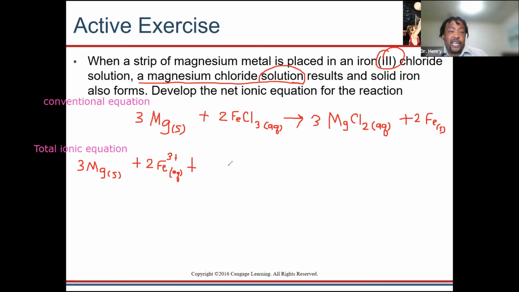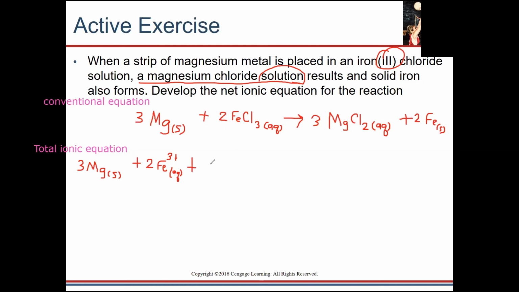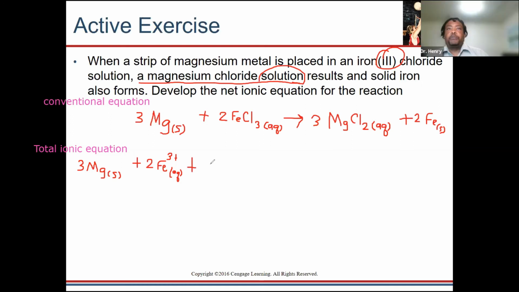Are they going to be held together? Well, I thought I was just going to say 2Cl3 minus or something. Is that not right? Nope. They're going to separate because it's an ionic bond. The only thing that's holding them together is those positive and negative charges. So your negatives are going to be able to act independently.